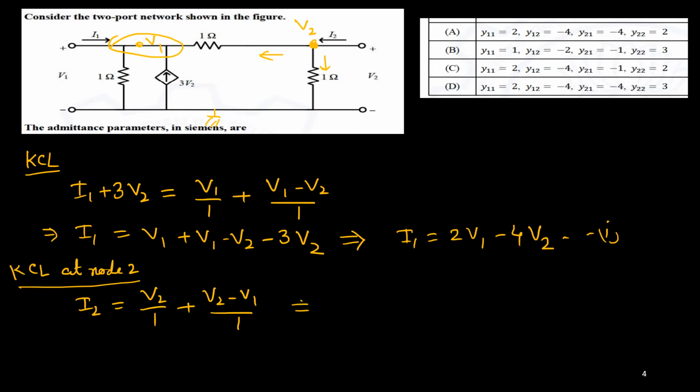If you simplify it, I2 equals minus V1, then V2 plus V2 is 2V2. Easily you can see this is equation number 2.